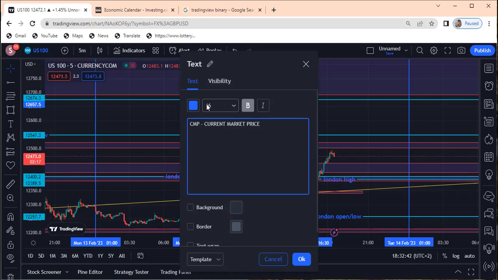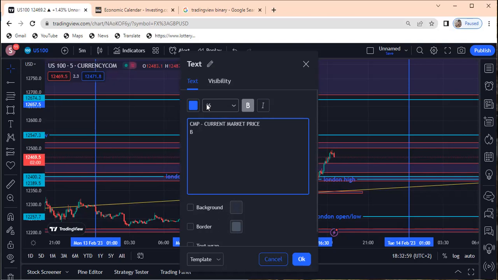So when we say sell USD CHF at CMP, we're basically meaning that you must sell it right now, as soon as you get the message. And if you're 5 minutes late, hey, it might be a problem.